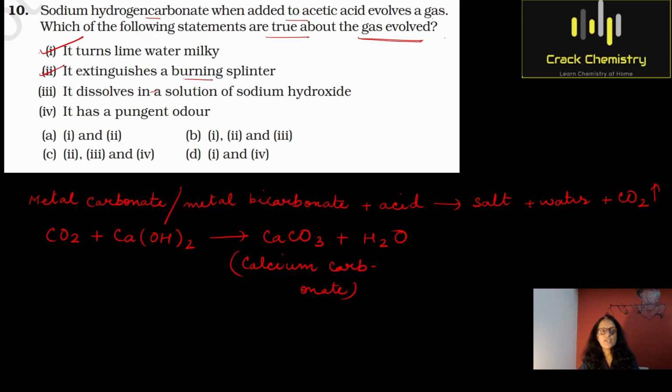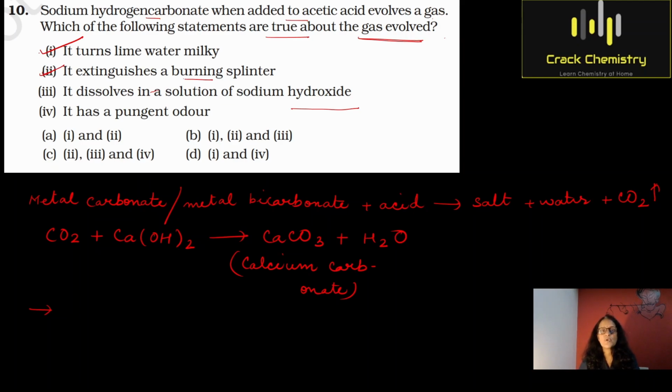Option third is it dissolves in a solution of sodium hydroxide. Students, option third is also a correct option because CO2, carbon dioxide, is an acidic oxide. Acidic oxide will react with the base like sodium hydroxide. So it will be a neutralization reaction and products formed will be salt and water.